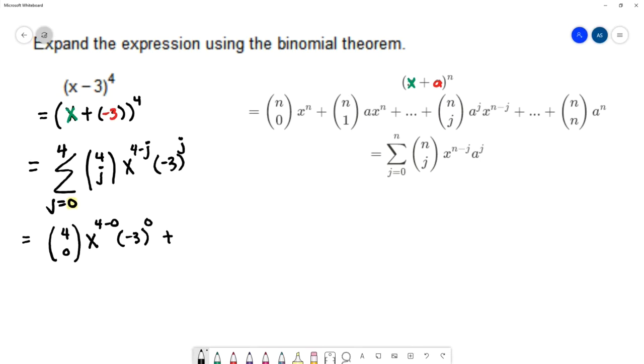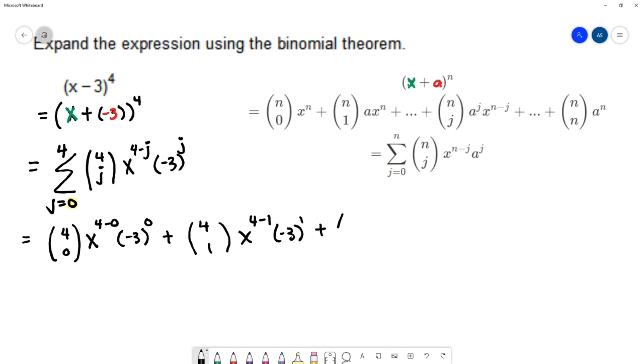Then I'll move on and increment j by 1, and that would give me n choose 1, n is 4, x to the 4 minus 1, negative 3 to the 1.